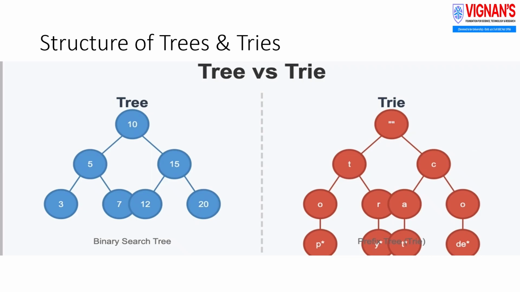Here, each node represents a character of a word. Each level corresponds to a character position, and paths from the root form complete words or prefixes. Thus, trees are used for general data organization, while tries are specially designed for efficient string and prefix-based searching.